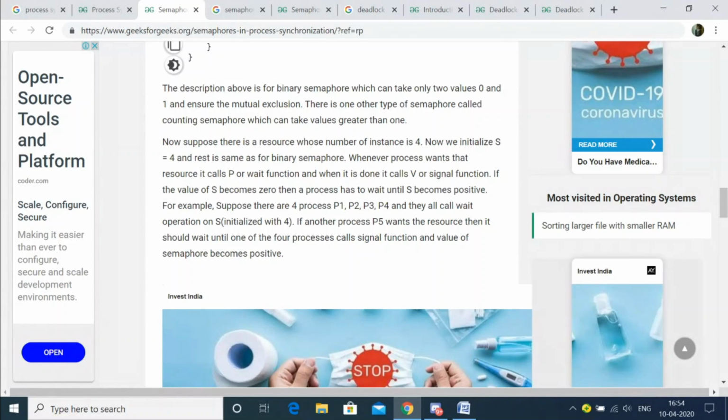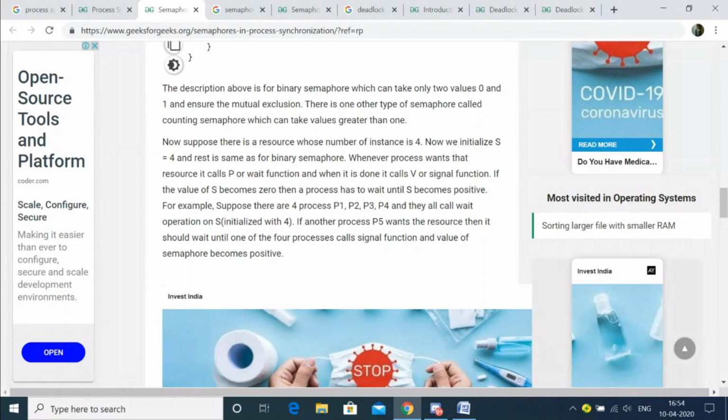They are maintaining a kind of queue structure, an order. P1 requested first, P2 second, P3 third, and P4 fourth. P5 has not come into the system as yet. So that's why the value of the semaphore is 4.